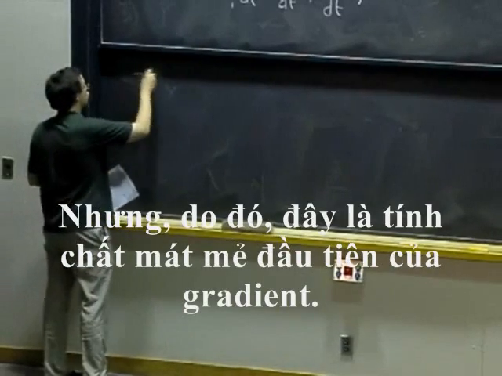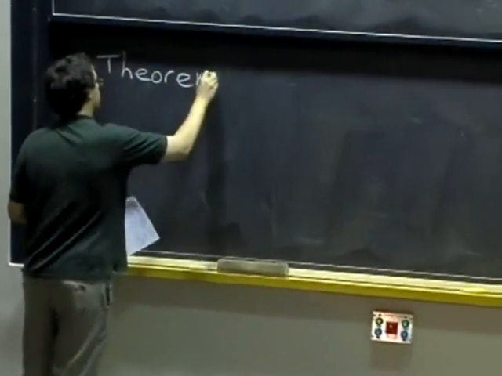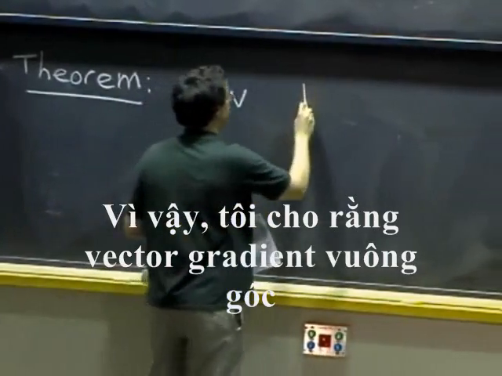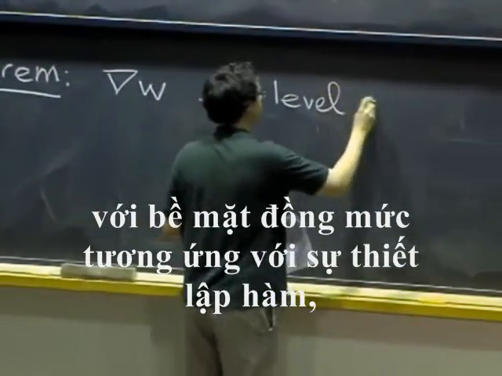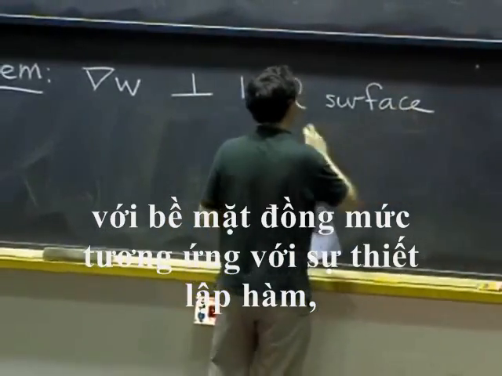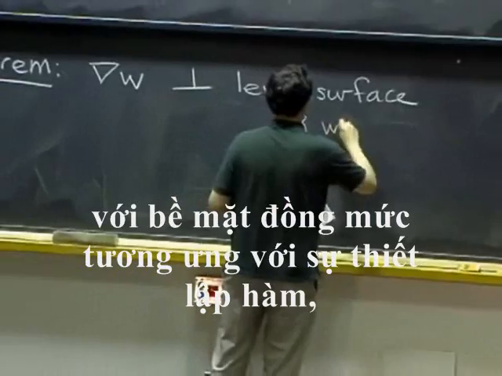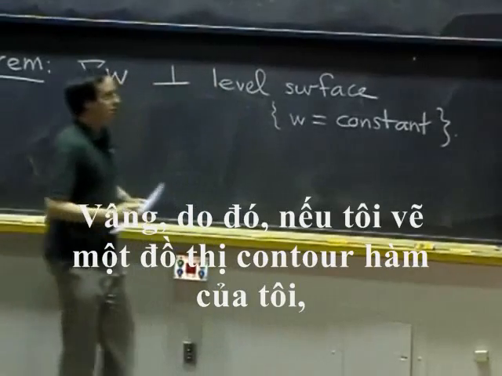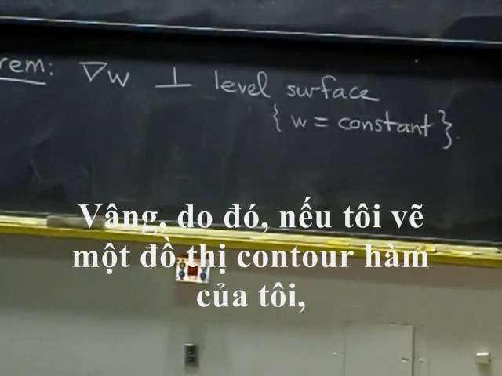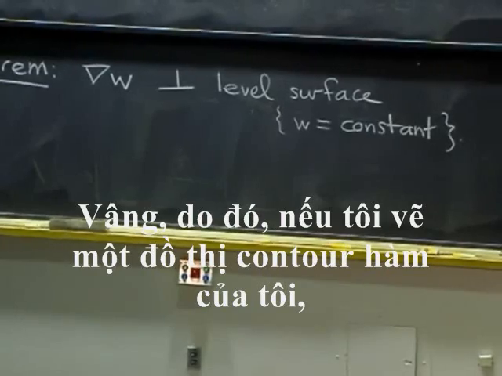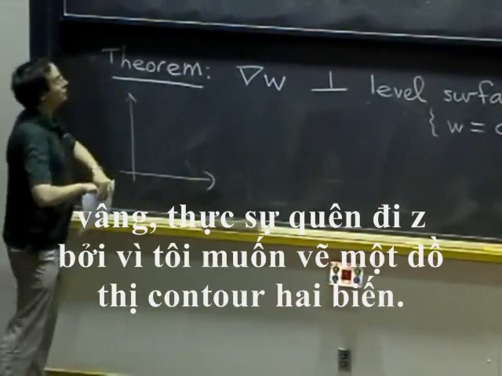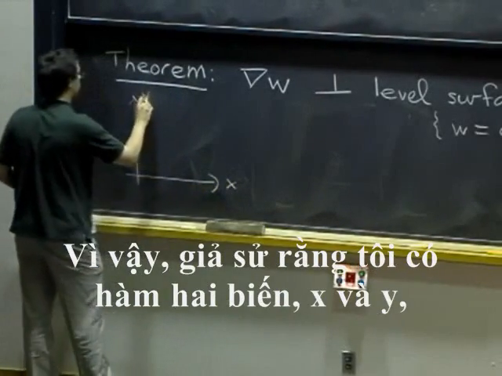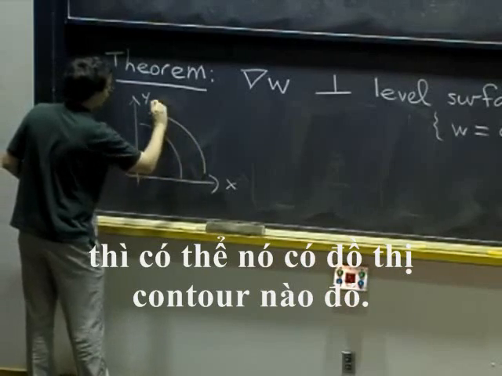But here's the first cool property of the gradient. I claim that the gradient vector is perpendicular to the level surface corresponding to setting the function w equal to a constant. If I draw a contour plot of my function, and I'm going to forget about z because I want to draw a two-variable contour plot, so say I have a function of two variables x and y, then maybe it has some contour plot.